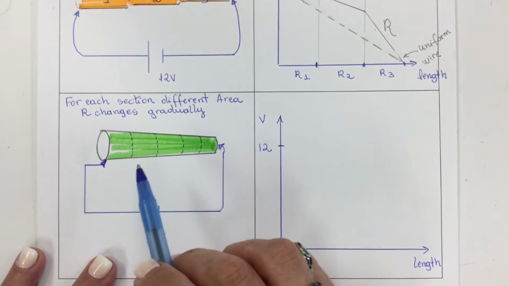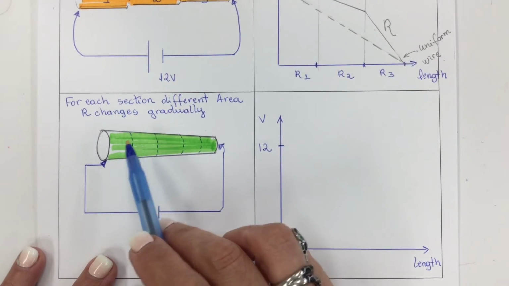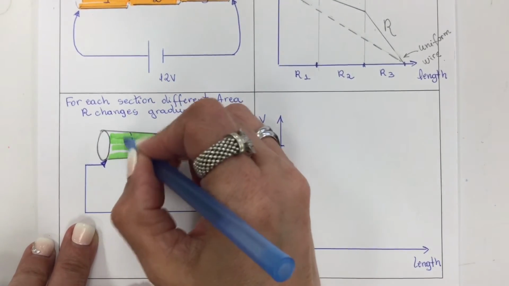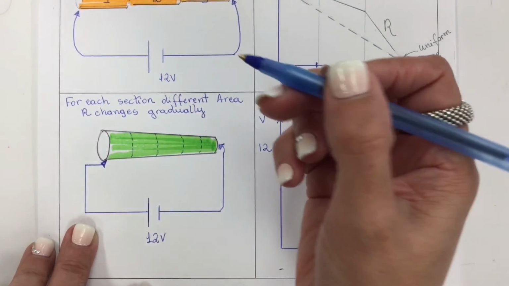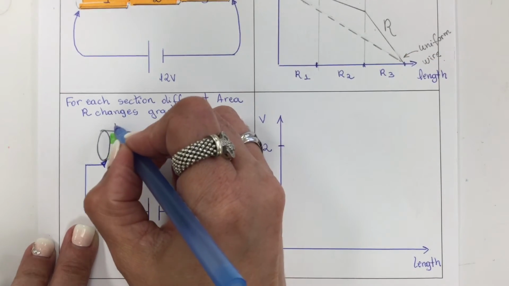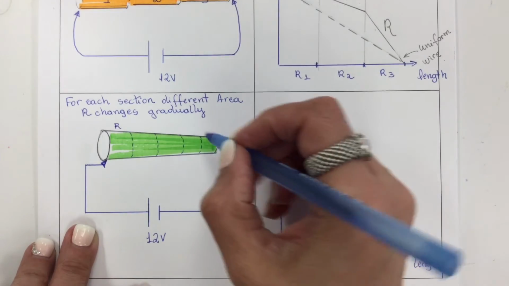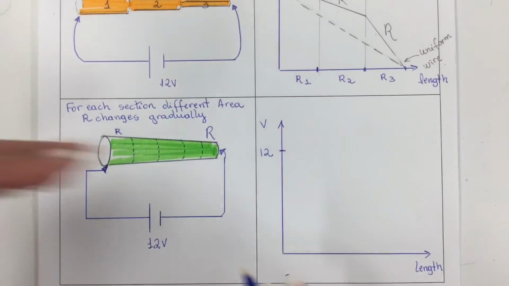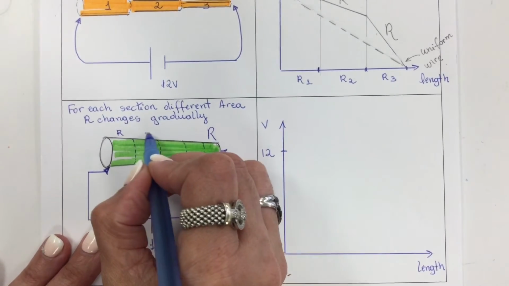Now if I'm going to compare the resistance for each one of these sections, I know the resistance in this section here is smaller, and this one here will be big. So that's how the resistance is going to change.